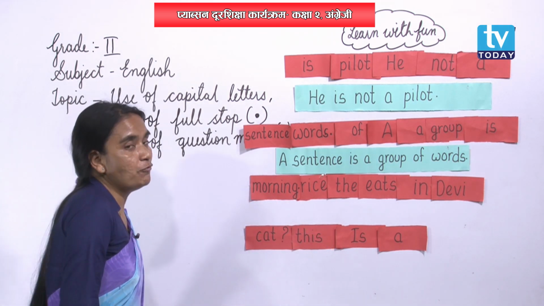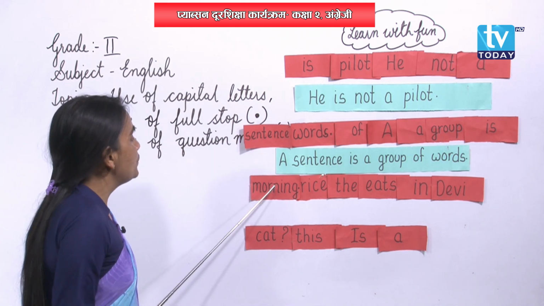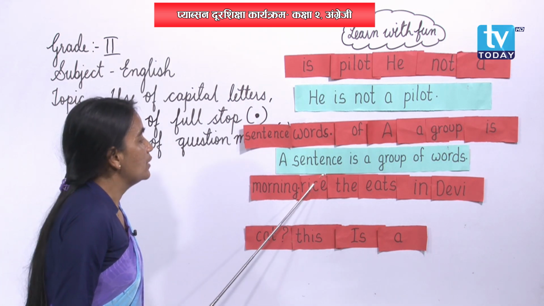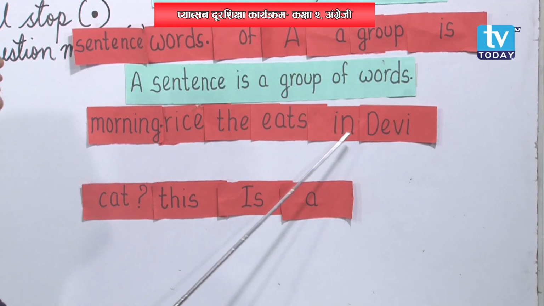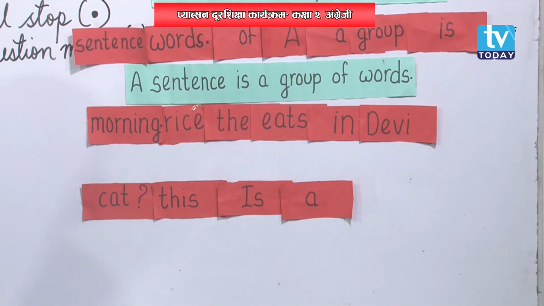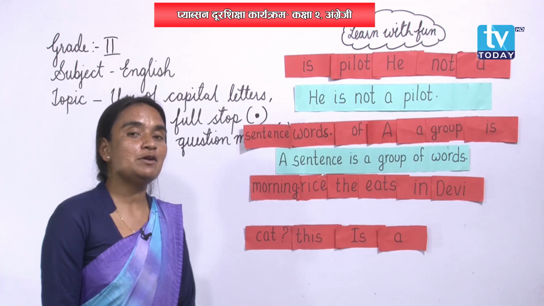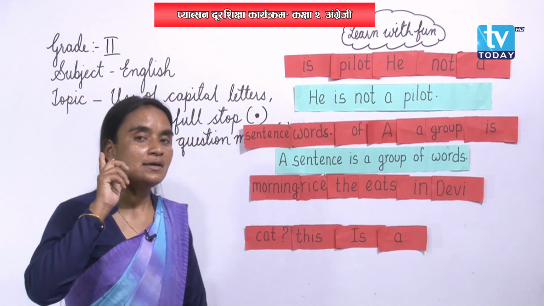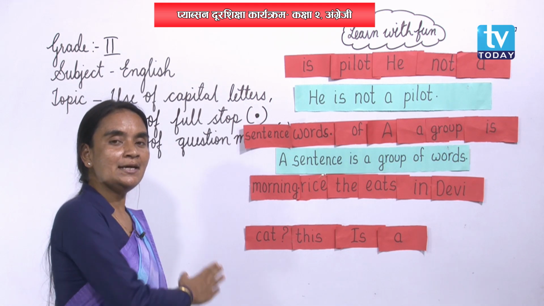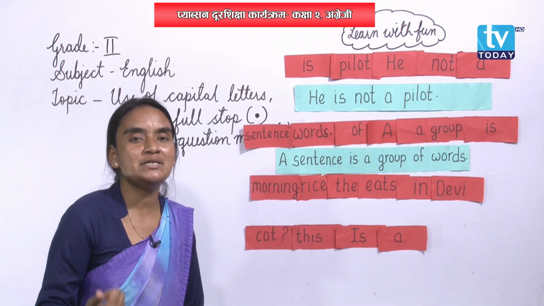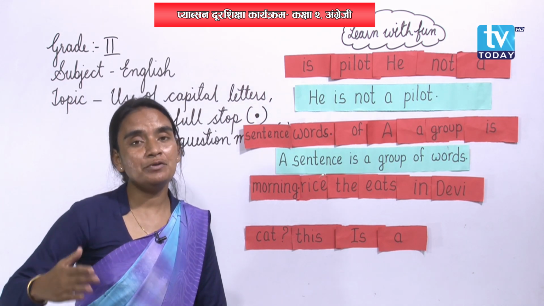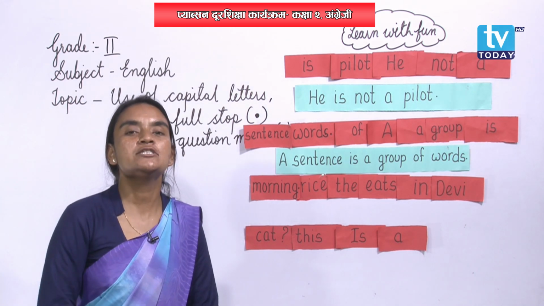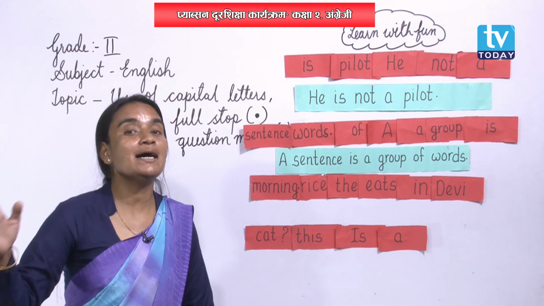Okay, the group of words in number 3 is morning, rise, da, it's, in, Devi. So, now, again we will follow the same instructions. Capital letter beginning, the word starting with a capital at first and the word completed with the dot, that's full stop, should be at the end.